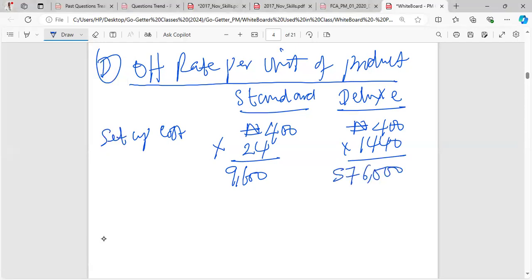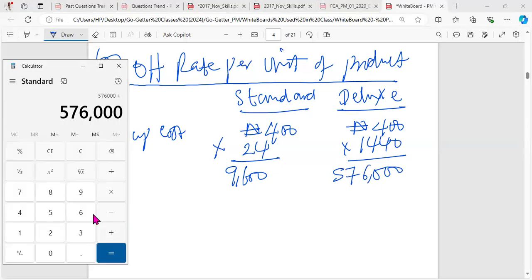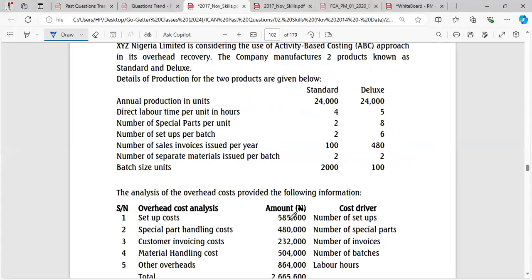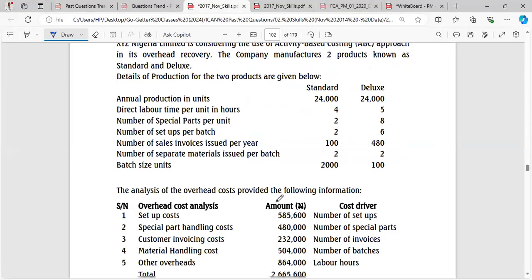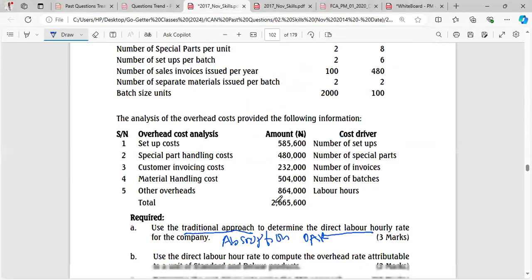Now, if we add these two costs together, 576,000 plus 9,600 gives you 585,600, which is what was here. We've succeeded in spreading it to the two departments.